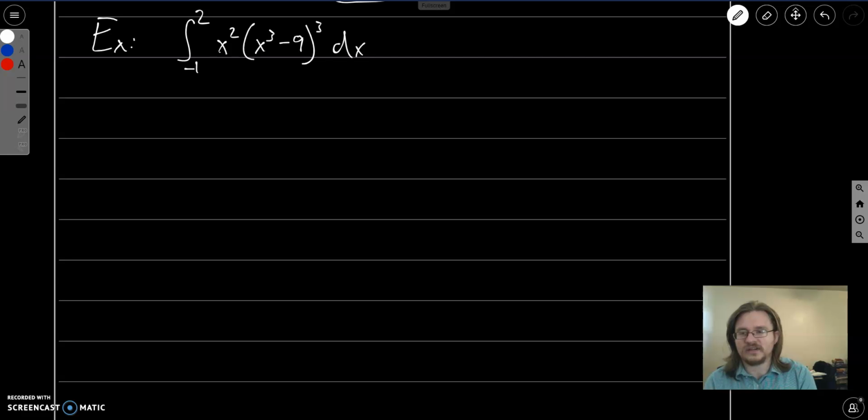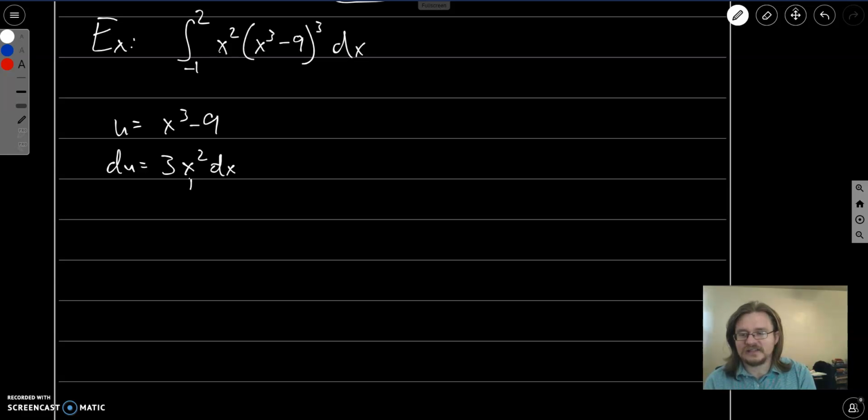When we stare at this, we see that okay, we've got an x cubed minus 9 sort of inside this function. So that seems like a reasonable u-sub to put that inside. And one other reason why this seems reasonable is that when I take the derivative of x cubed minus 9, I'll get 3x squared, and if I want the differential, I've got to add the dx at the end.